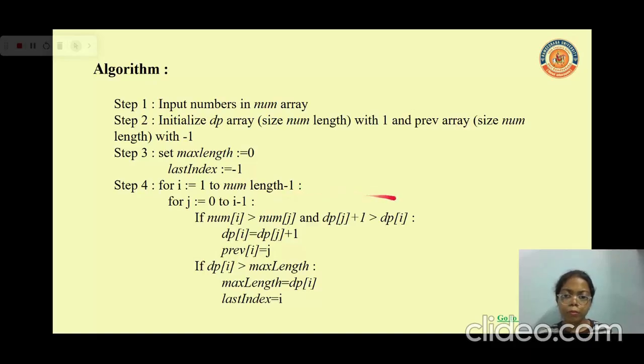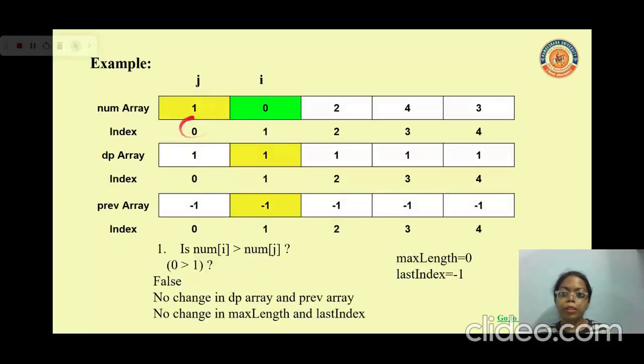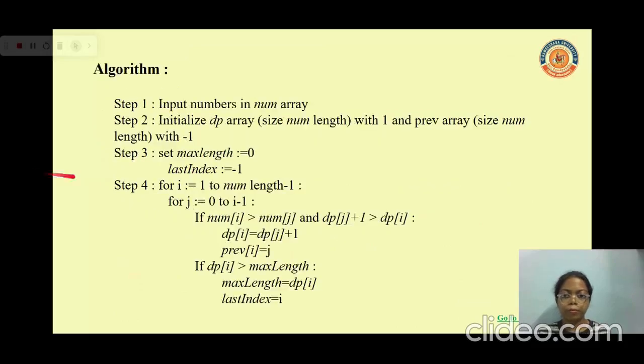We are running the loop from 1 to n-1 because at the 0th position there is no point actually running the loop, because at the very first position we will not get any value greater than 1 in the DP array as there is no previous element. There is no scope for the very first element to form a subsequence greater than length 1.